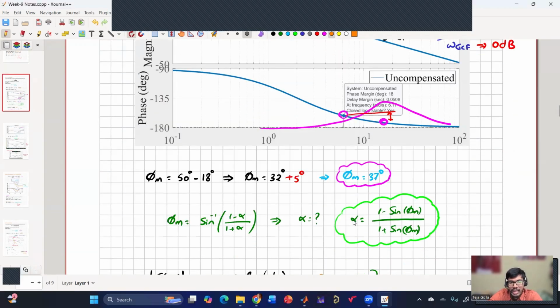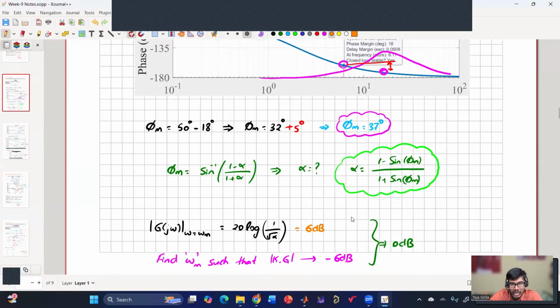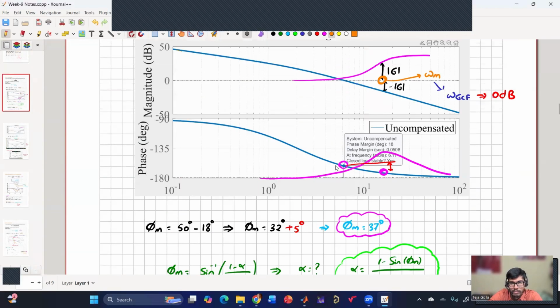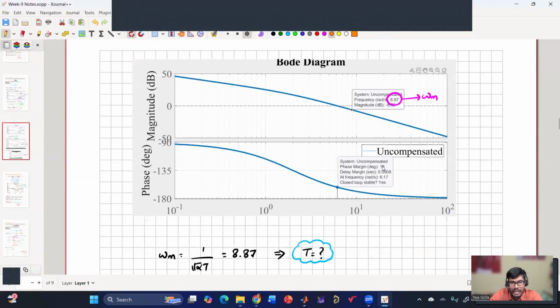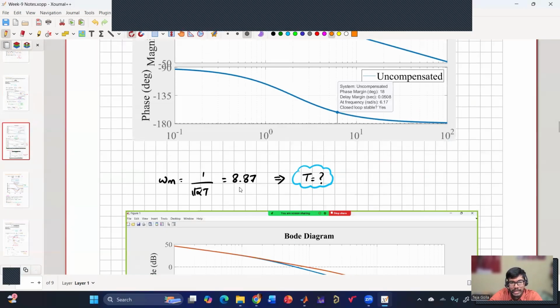Once I get that, I'll calculate alpha. Once I calculate alpha, I'll calculate the magnitude that is caused by alpha because of the additional gain that the compensator is causing. Now I have to choose that frequency where exactly this negative of gain will be given by the plant transfer function. That will become my gain crossover frequency. And once I calculate that, gain crossover frequency omega m, I can calculate my T.